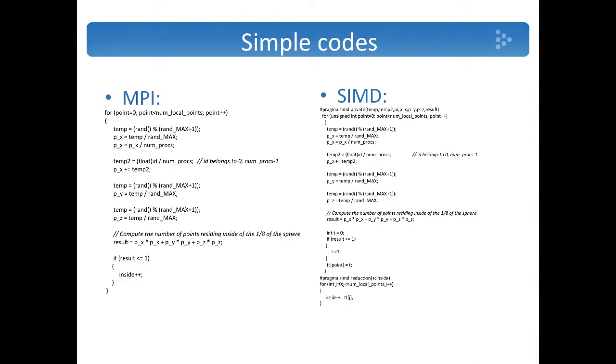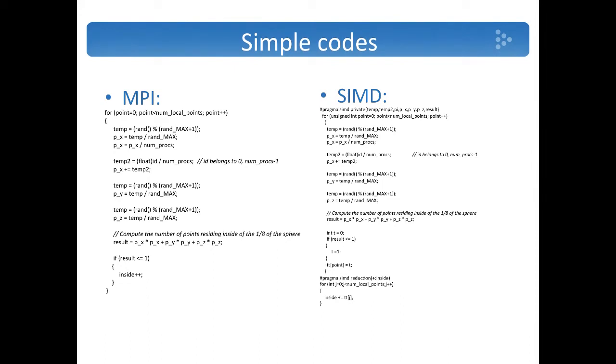Well, the code on the left is a pure MPI code, just what Intel gave us. And this for loop is only in one rank. I won't go into the details about the rank and the communication. I just want to show you what happens in one rank, or you call it one process.